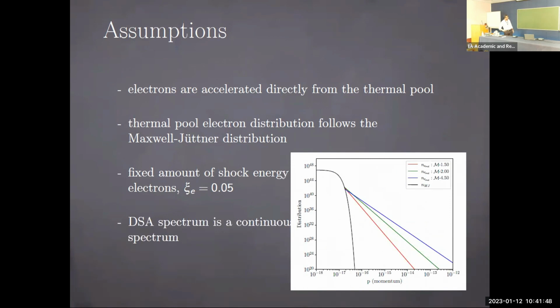Some electrons from this thermal pool will go to the DSA spectrum, and this intersection gives you p minimum, which is the minimum momentum required for the thermal electrons to get accelerated to high energies.